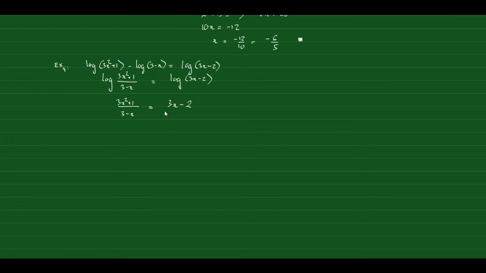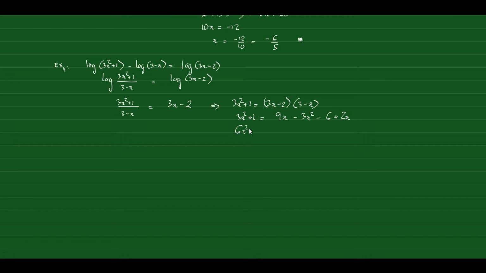And this is just a very simple rational equation. So from here I multiply both sides by this denominator. So I have 3x minus 2 times 3 minus x. So 3x squared plus 1 equal to, distributing, 9x minus 3x squared minus 6 plus 2x.